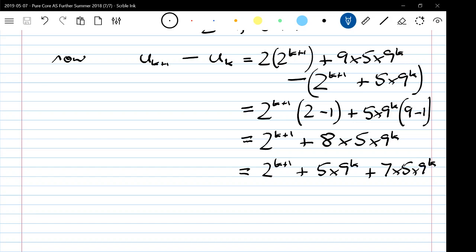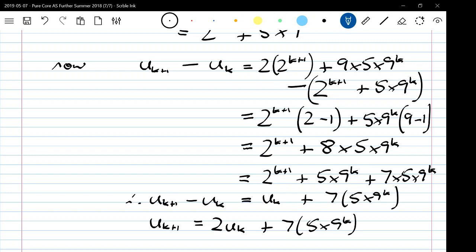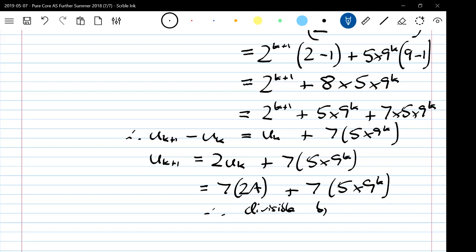But what we've got is u_(k+1) minus u_k is equal to u_k, the kth term, plus 7 times 5 times 9^k. So u_(k+1) is 2u_k plus 7 times 5 times 9^k, which is 2 lots of 7a, or 7 lots of 2a, plus 7 lots of 5 times 9^k, therefore divisible by 7. We've just clearly shown it's divisible by 7, and there we go.